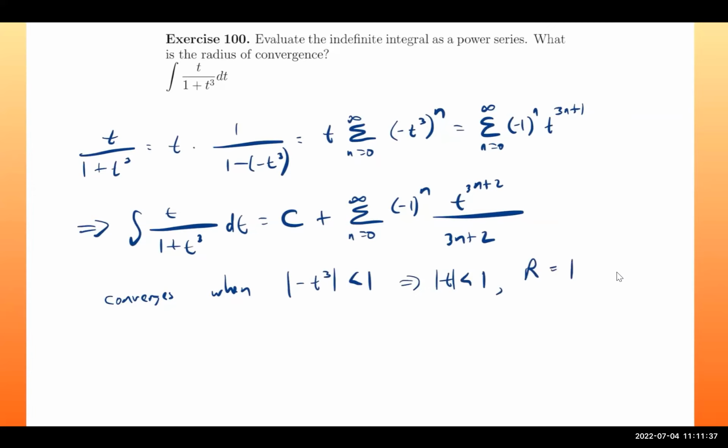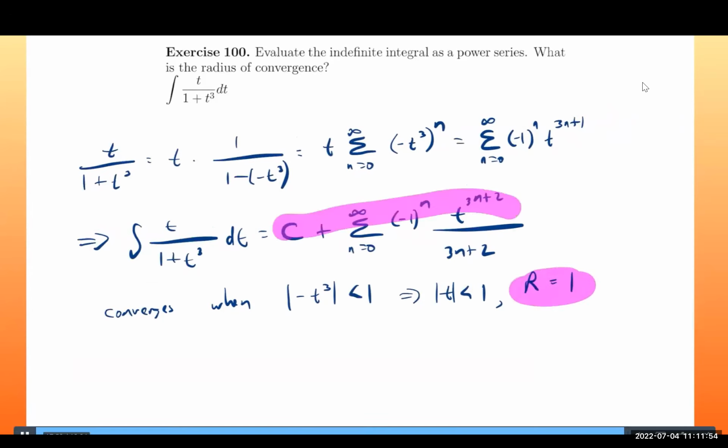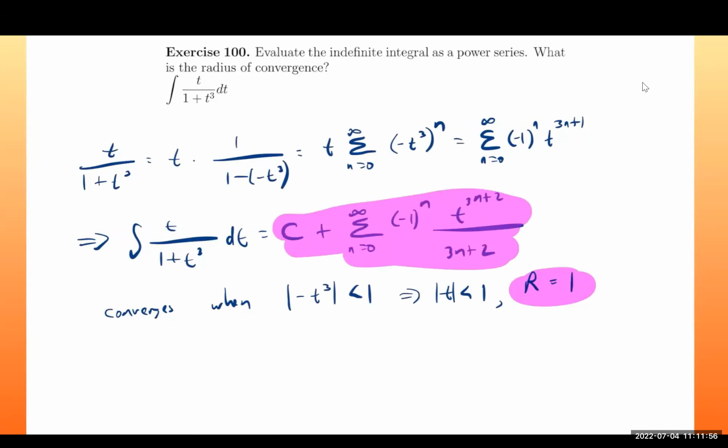All right, so that is pretty much it. So because the radius of convergence of this series is 1, that means that the radius of convergence of the integral is also 1. That's what the theorem says. And that pretty much does it for this problem.